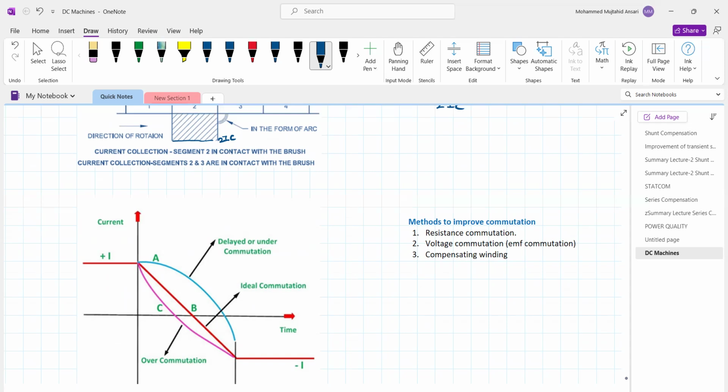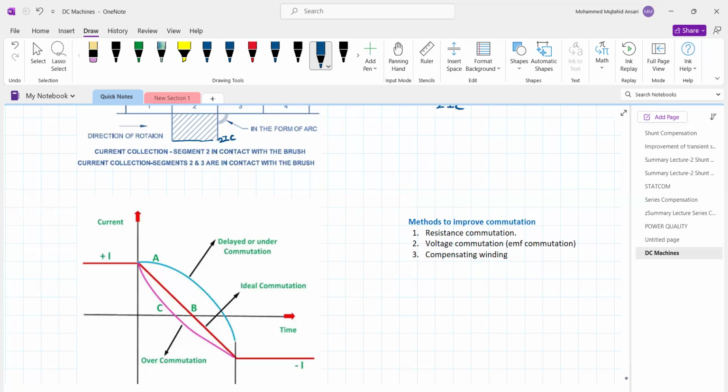Similar to the methods to decrease the armature reaction, there are some methods to improve the commutation process. First is resistance commutation, meaning we provide resistance in the brushes and commutator segment, but sometimes it is not desirable because it increases the contact resistance and brush drops, and heat is produced.